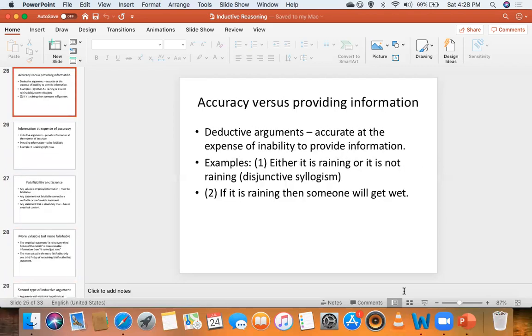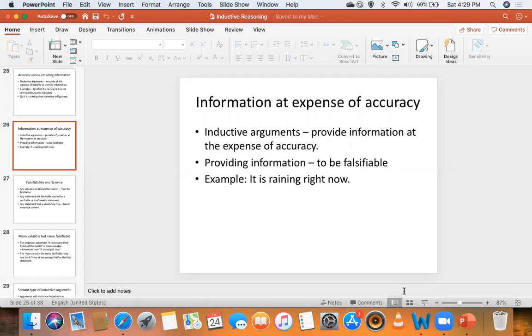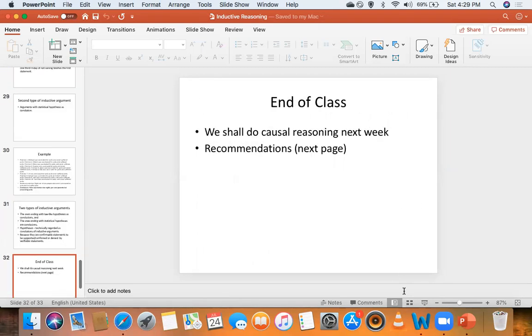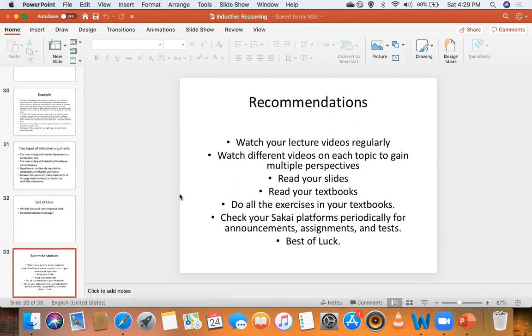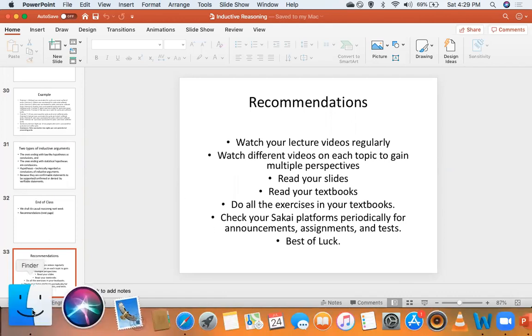Then we compared inductive arguments to deductive arguments. We said deductive arguments are accurate at the expense of the inability to provide the information, and inductive arguments provide the information at the expense of accuracy. So the advantage of one is the disadvantage of the other. And that was how we ended our class on inductive arguments.